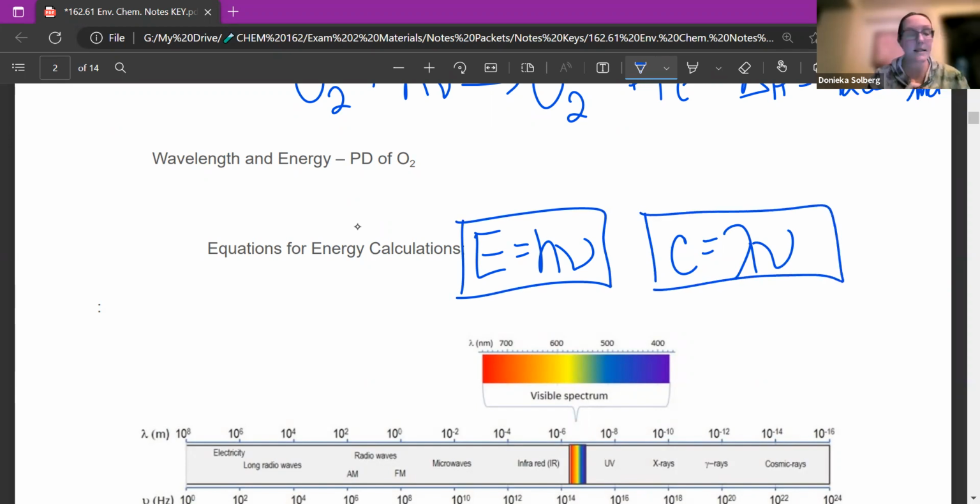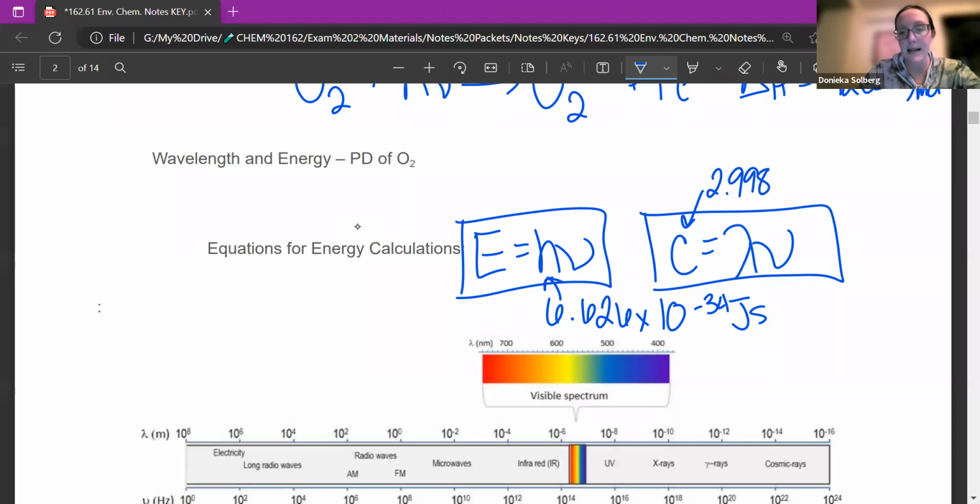h is a constant and c is a constant, okay? h is Planck's constant, which you will be given: 6.626 times 10 to the negative 34th joule seconds. And c is the speed of light, which is 2.998 times 10 to the 8th meters per second.